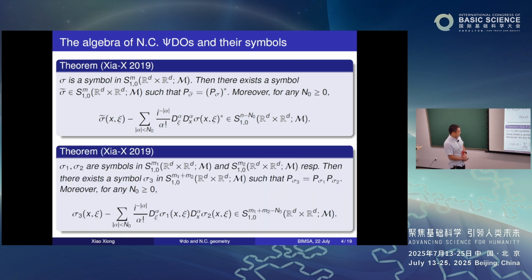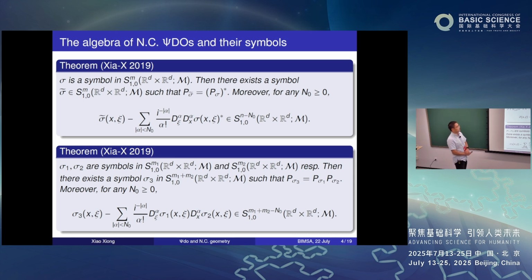So here are two theories about symbol calculus, because as you know, even in the classical case, if we are given a pseudo differential operator and take its adjoint, we will get another pseudo differential operator. But even in this case, the symbol of this new pseudo differential operator is very difficult to calculate.